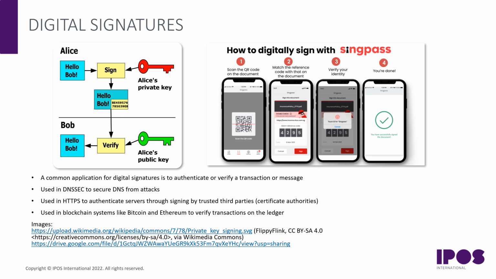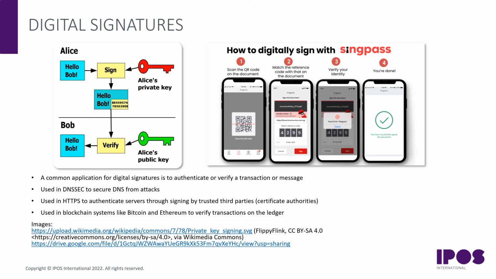What we haven't covered here is how public keys are distributed and how they are verified with a person's identity. There's a whole infrastructure that needs to exist to support all that. But for today's purposes, it is sufficient for us to understand how digital signatures work and that they are used to secure systems like DNS, domain name systems, HTTPS, secure HTTP, and on blockchain systems as well that implement a distributed ledger to store transactions.